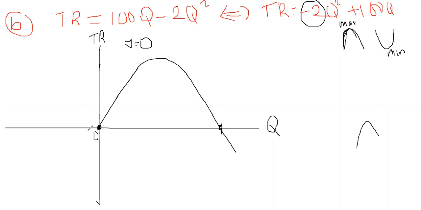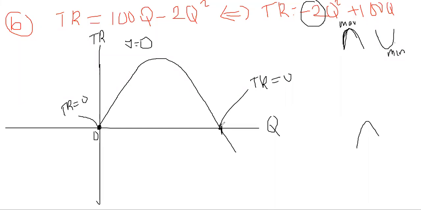So these 2 points. Here, total revenue is 0. Here also total revenue is 0. So we want to find these 2 points, the quantity.